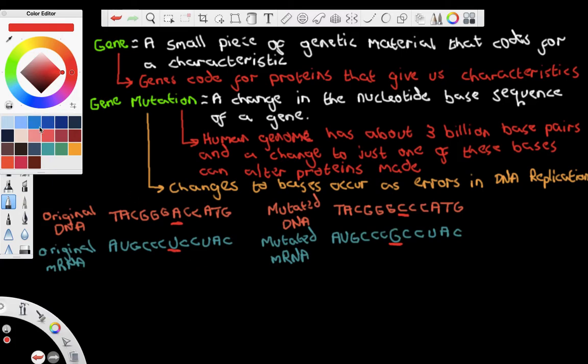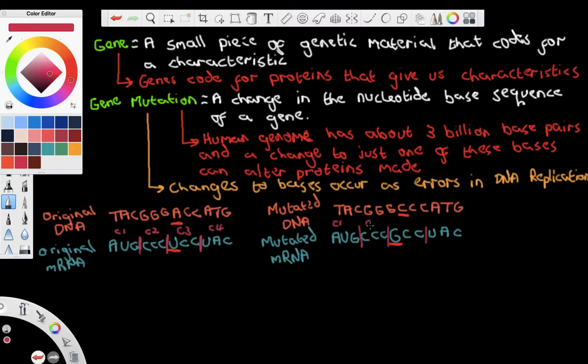Now we can break that up, as we've said in previous lessons, into our codons. So we've got codon 1, codon 2, codon 3 and codon 4. I'm just going to put C1, C2, C3 and C4. That stands for codon 1, codon 2, codon 3, codon 4. If you wish in your notes to actually write out codon, please feel free. Again, over here, we've got codon 1, codon 2, codon 3, and codon 4.